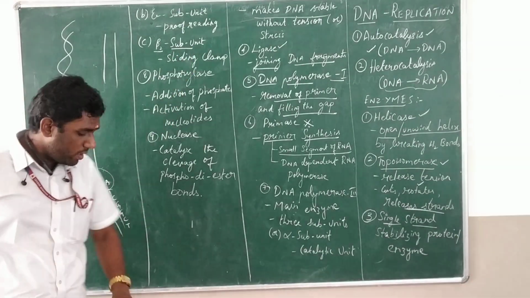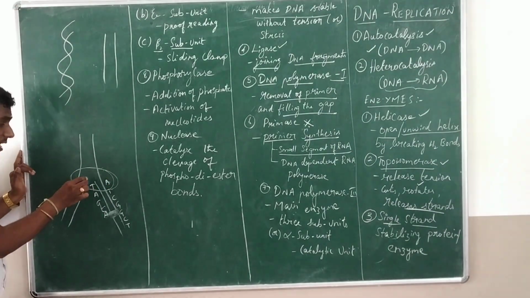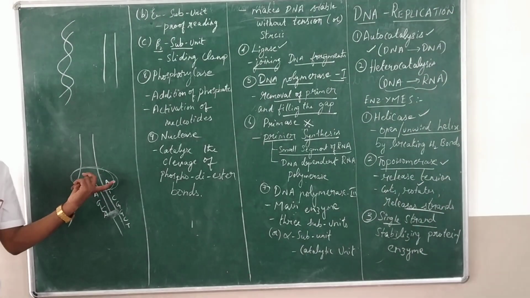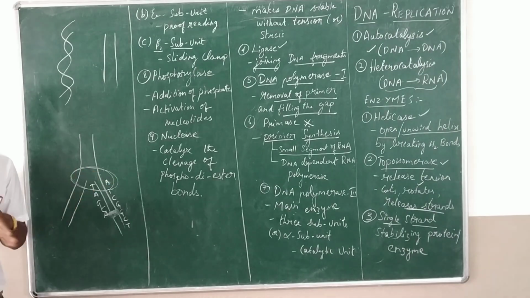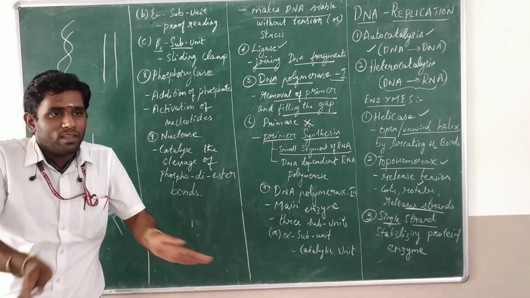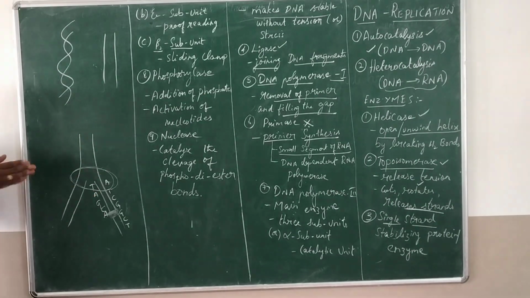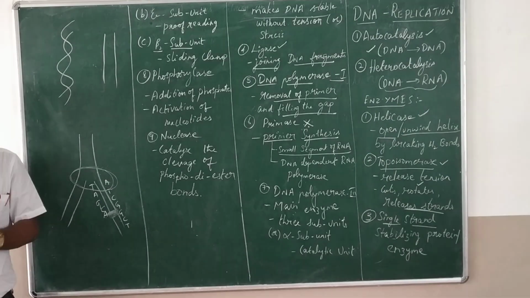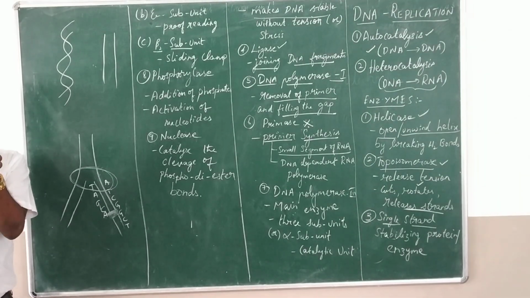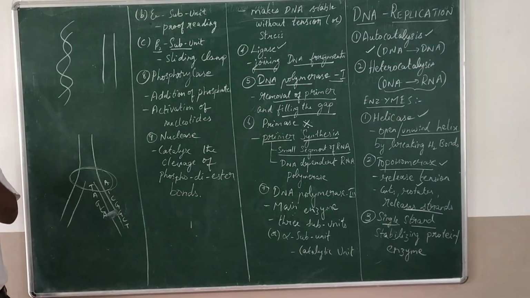The final thing is the beta 2 subunit. I told you DNA polymerase is going to come here, and the parental strand is going to go like this, and from the parental strand the replicated strands are going to come. You can find it's just sliding out. If there is a clamp here, and you put the parental strand here, the replicating strands will be sliding out like this.